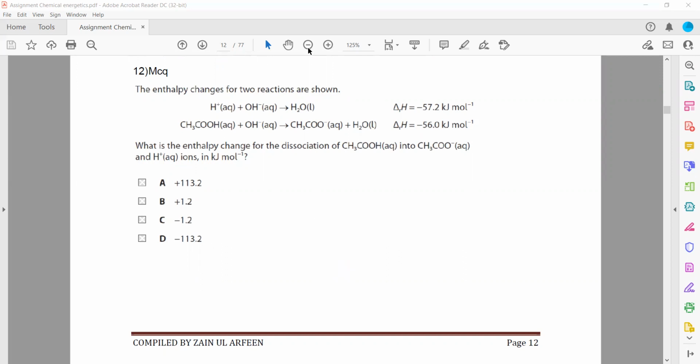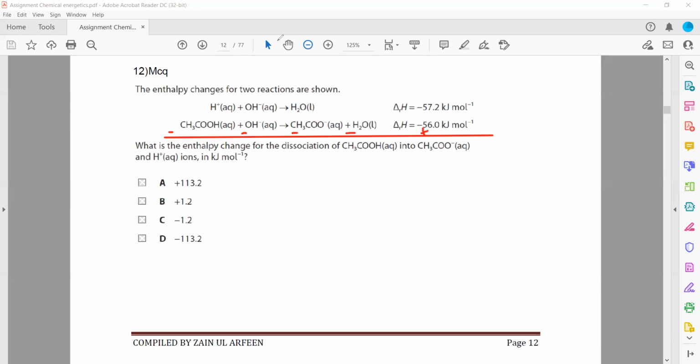Because we don't want OH and we don't want water, it's like solving a simultaneous equation. If I subtract the two equations from each other, the sign will change. So this will be minus, minus, minus, minus, and this will be plus because it was originally minus.